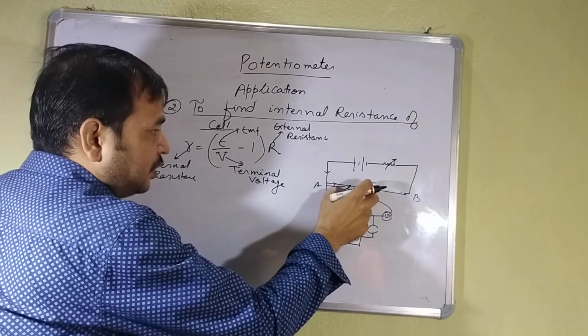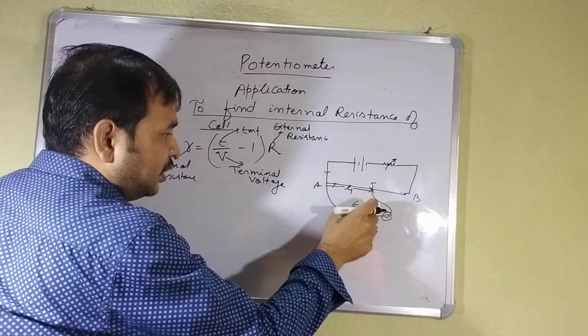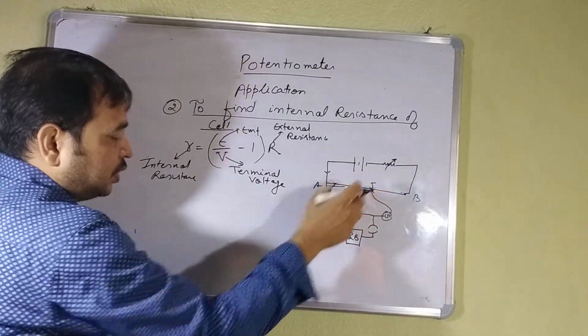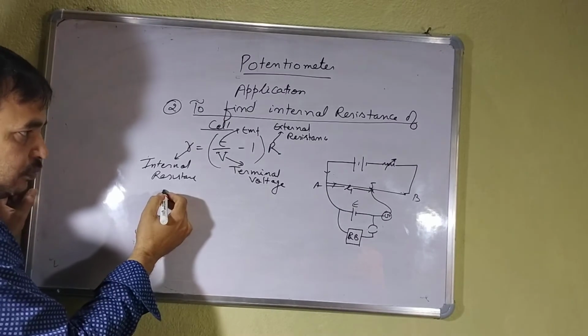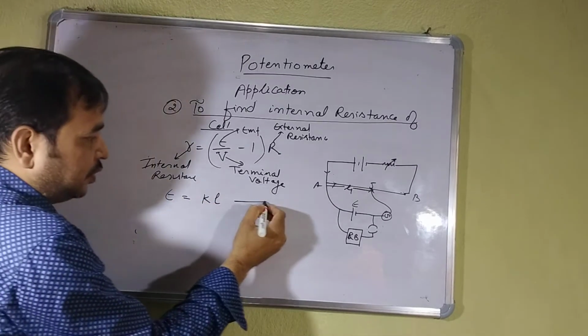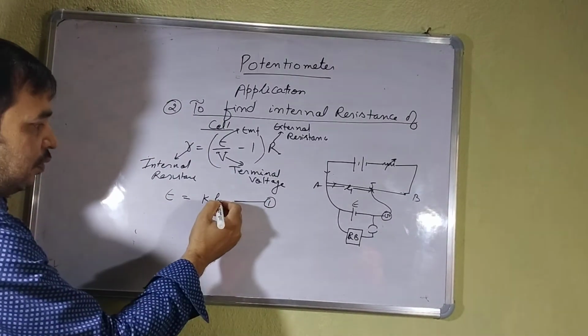At this length, the potential drop across AJ is balanced by the EMF. So E is equal to K into L1. Equation 1.